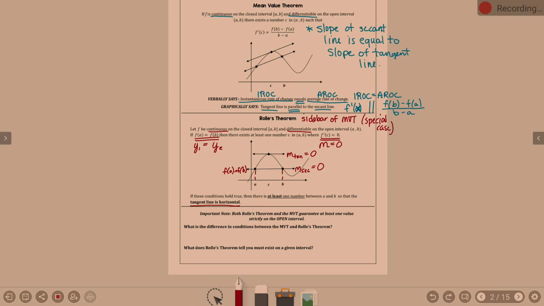When we did all of those on the front page, we had all kinds of slopes, didn't we? Okay, that was just the general mean value theorem. Specific Rolle's theorem, it has a secant line where the slope is 0. So Rolle's: slope of the secant line equals 0.